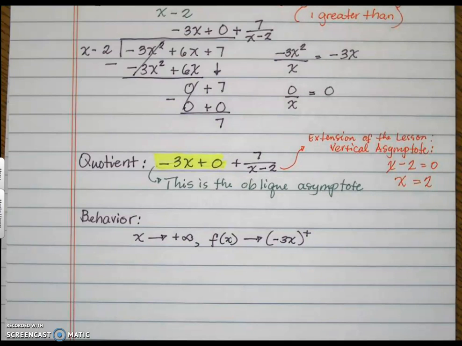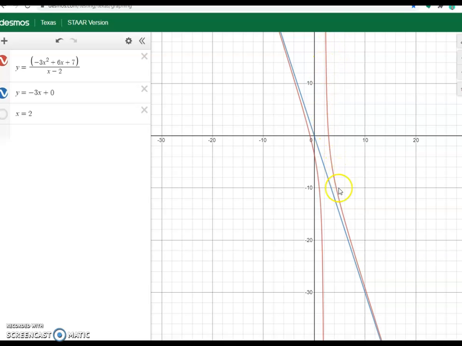Once again, I'm encouraging you to play back this video in order for you to see the behavior of the graph. But for right now, the behavior of our graph is that when x approaches positive infinity, which means that your graph is moving to the right, your y values are approaching the negative 3x line from the positive side, shown by this right here.